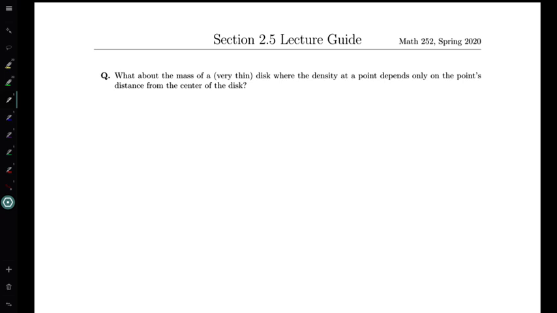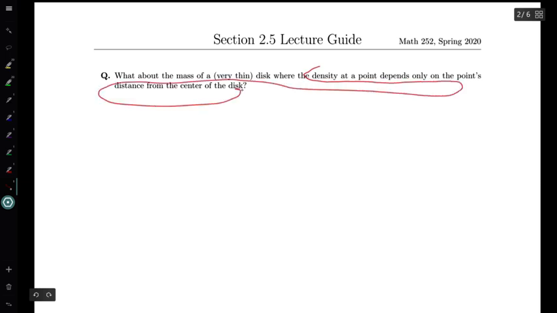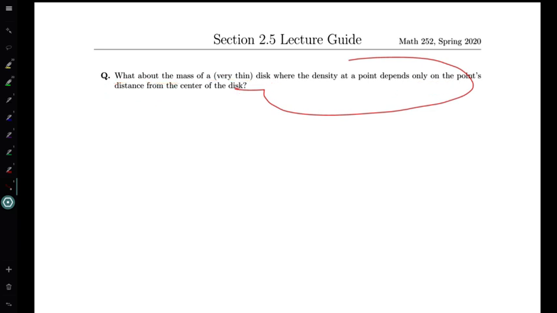For instance, looking at this question here, what about the mass of a very thin disk where the density at a point depends only on the point's distance from the center of the disk? This last qualification, density only depends on the point's distance from the center of the disk, is the kind of restriction that we need to add in order to do this problem with one variable calculus.